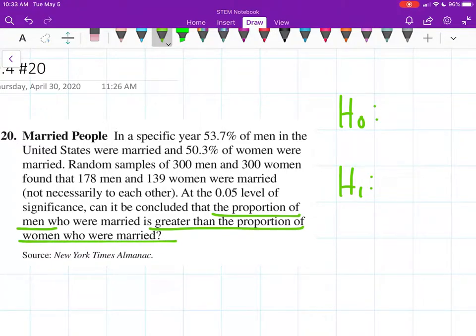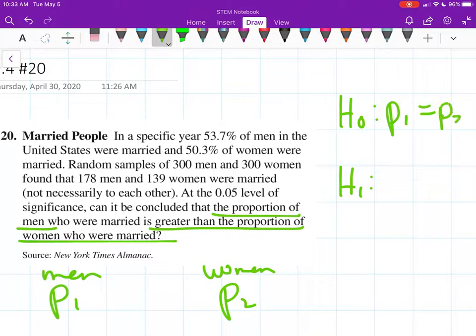So in this case, because they give us men first, I'm going to make men P1 and women P2. Okay, so we have P1 equals P2. They want to know, is the proportion of men greater than the proportion of women? So that's our claim.